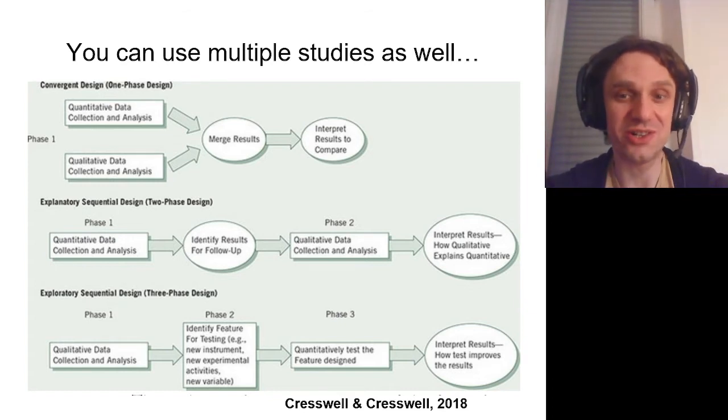The second design shown on this slide is called explanatory sequential design, or two-phase design. In this design, first you have a quantitative data collection and analysis phase, when, for example, you conduct a quantitative study in an organization.